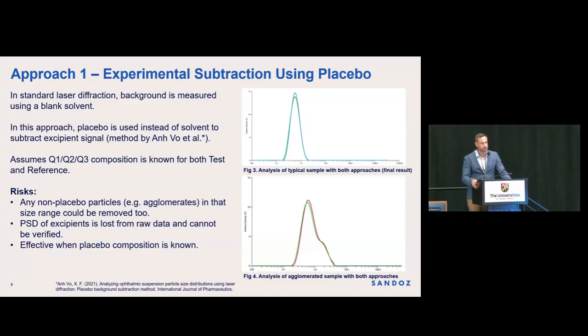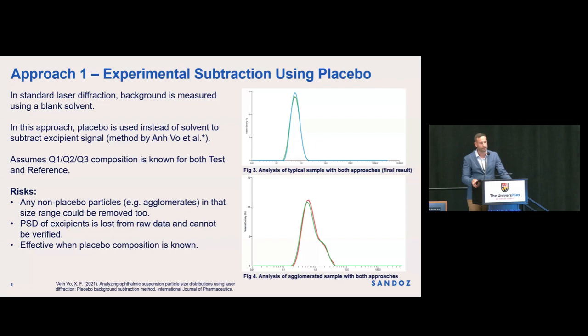Also, what's important, due to the nature of the method, since we are directly adding this product for the measurement into the wet dispersion cell, is also what we are adding and to what amount we are adding it, meaning that the composition, concentration, and the amount of placebo needs to be comparable to what we put in for the sample measurement, meaning that the results are also highly dependent on how well you control the experiment.